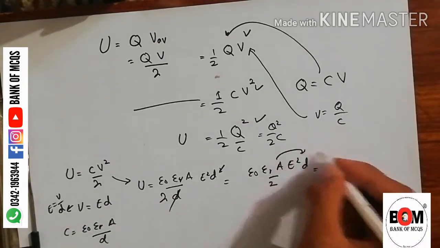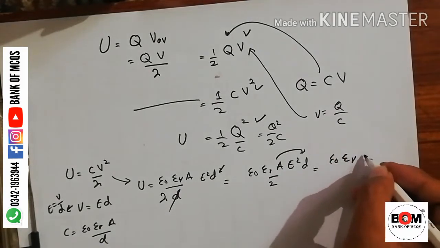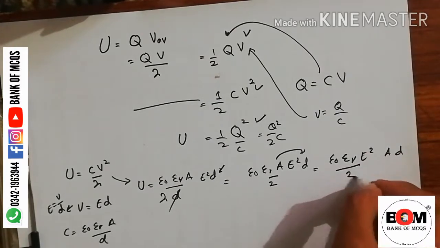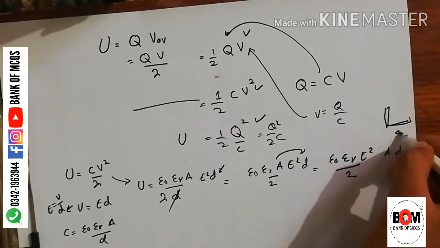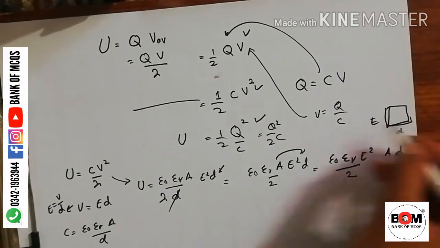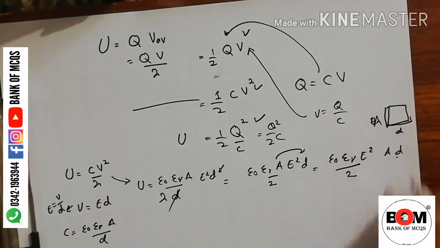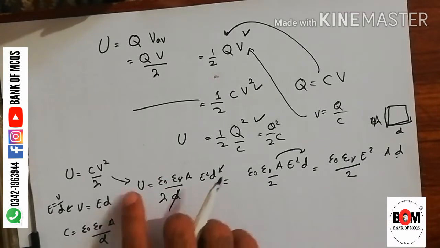Taking d and A out, we get epsilon naught epsilon r E square into Ad divided by 2, where A is the area and d is the distance. So A and d give us the volume. So this is the final equation of energy.